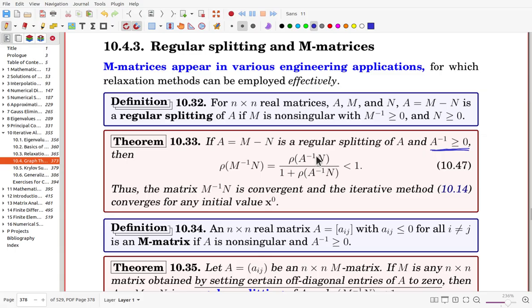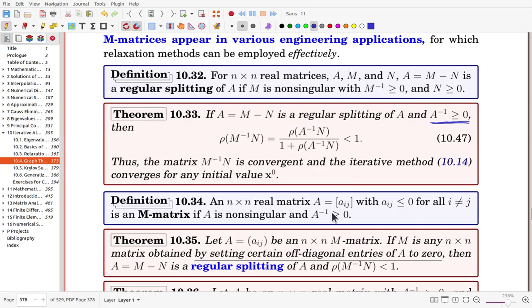This quantity must be smaller than 1. That means that if the given matrix has this property, and if you start with a regular splitting, then the relaxation algorithm is convergent. It's guaranteed convergence.